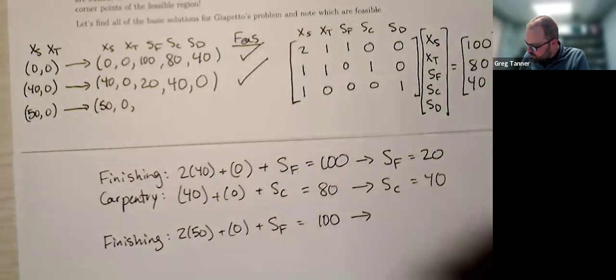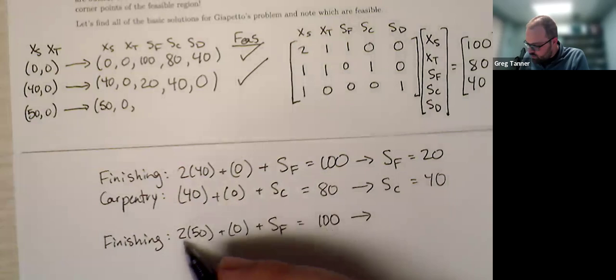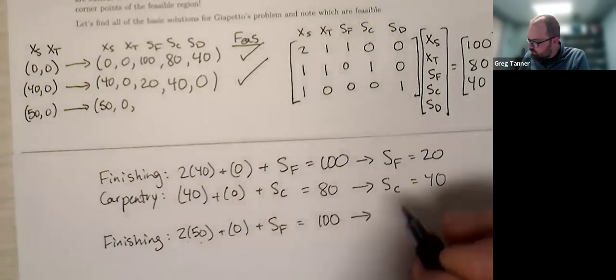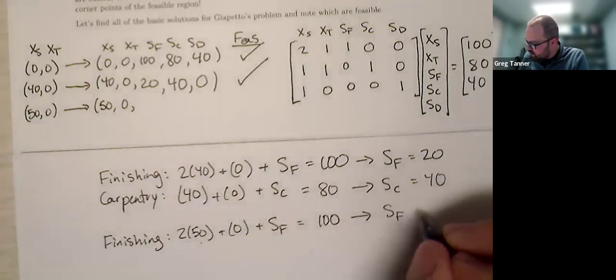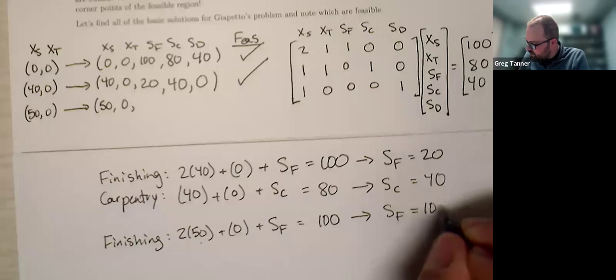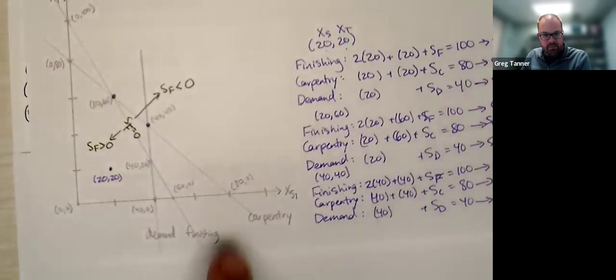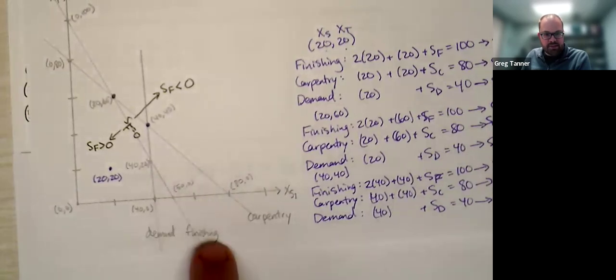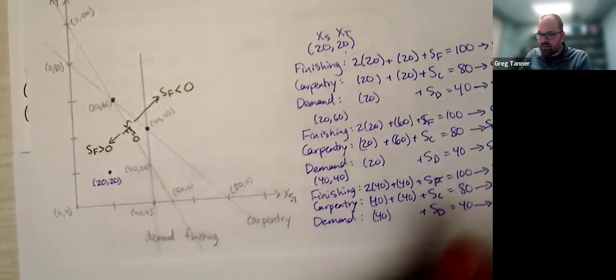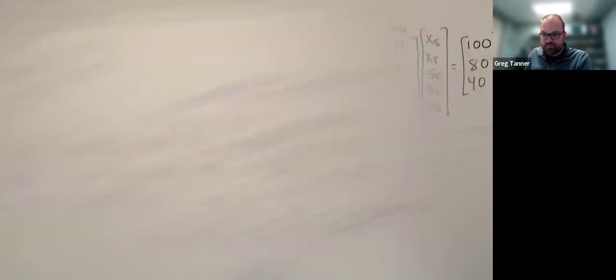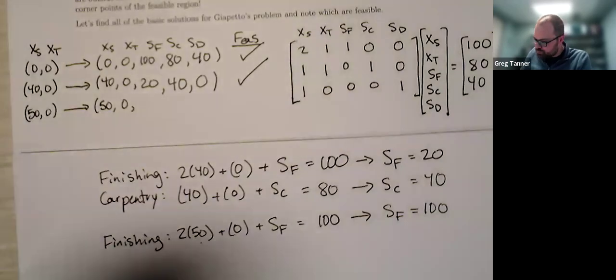And 2 times 50 is 100, subtract 100 from both sides, gives us that there is no slack in the finishing constraint, which is what we'd expect if we'd looked at this diagram. 50, 0 is exactly on the finishing boundary for that constraint.